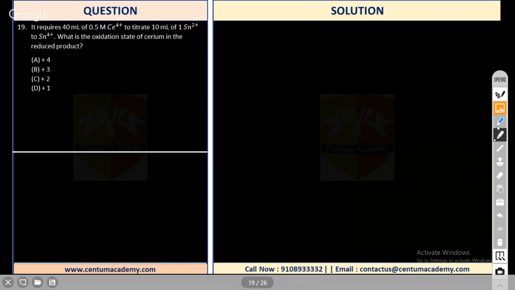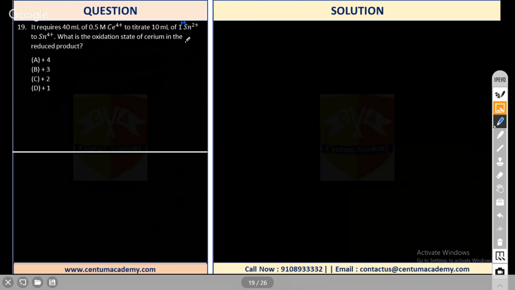Here it is 10 ml of 1 molar. The concentration given is 10 ml of 1 molar. So we have to find out the oxidation state of cerium in the reduced product. Okay.